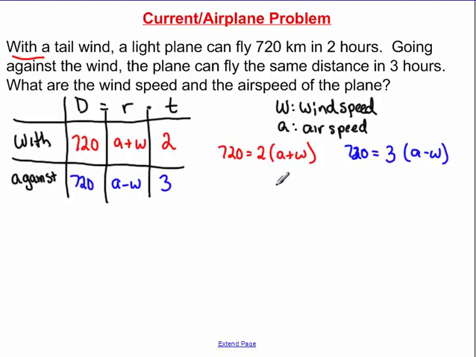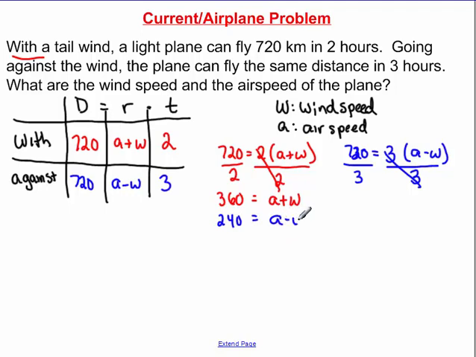This trick is, as long as this number that's in front of the parentheses, 2, goes into 720, you can divide by that number, because that cancels that 2 out on the right side. So I get 360 is equal to A plus W. Here, if I divide out a 3, the 3's cancel, and I end up with 240 equals A minus W.